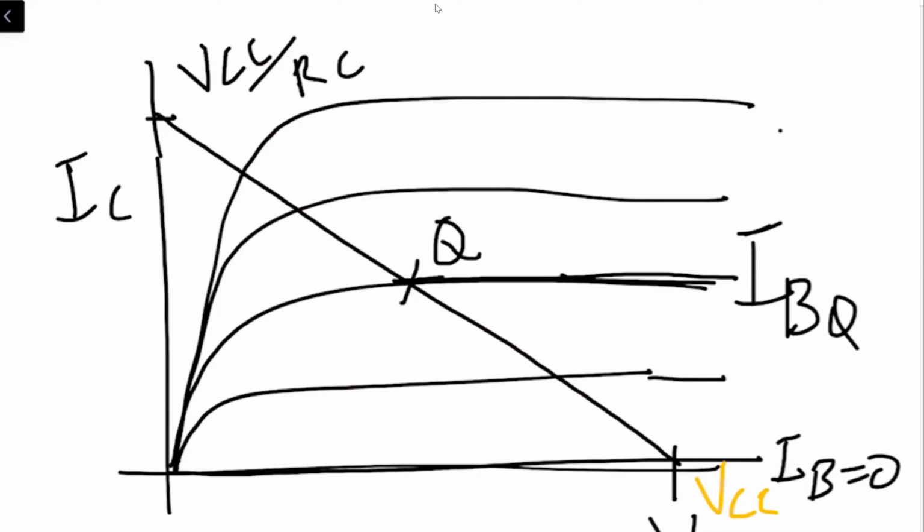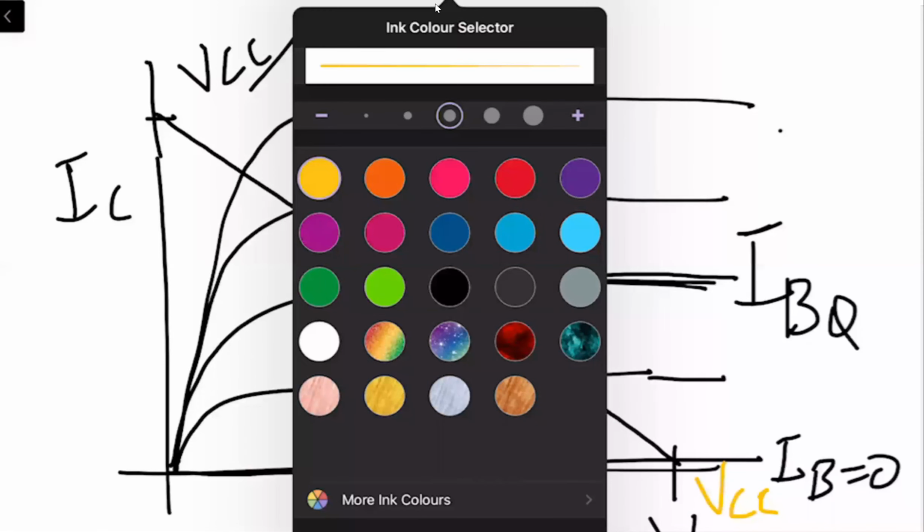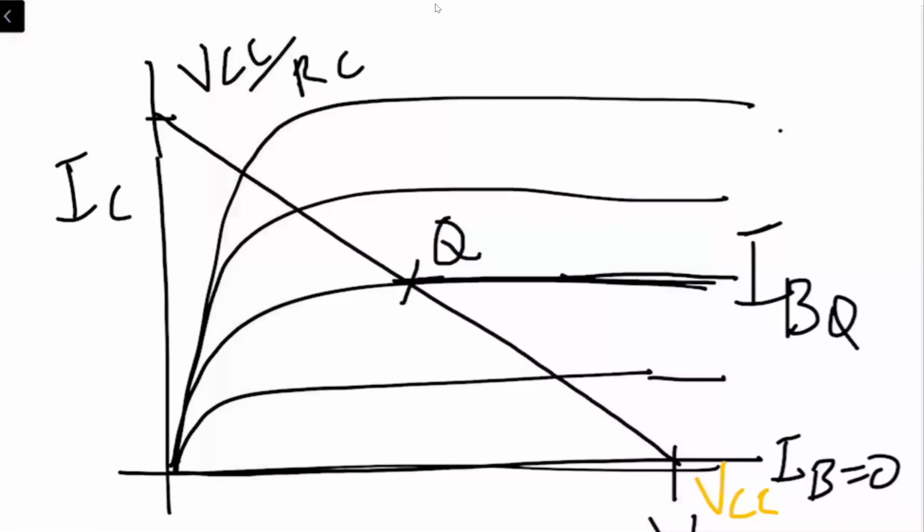Now, if we correspondingly make a dotted line over here, this point over here is called VCEQ, and the corresponding point over here is called ICQ, right?